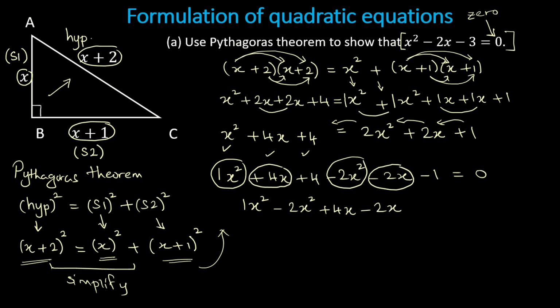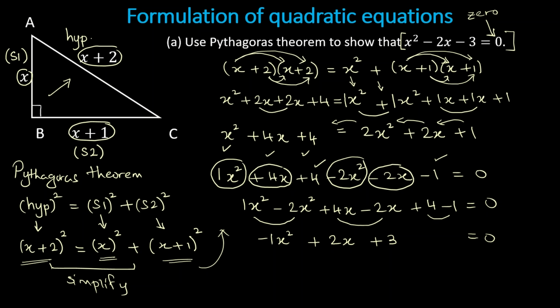And lastly, we take the plus 4 minus 1 equals 0. Now we simplify 1x squared minus 2x squared. It gives negative 1x squared, plus 4x minus 2x gives plus 2x, and plus 4 minus 1 gives plus 3, and this equals 0.